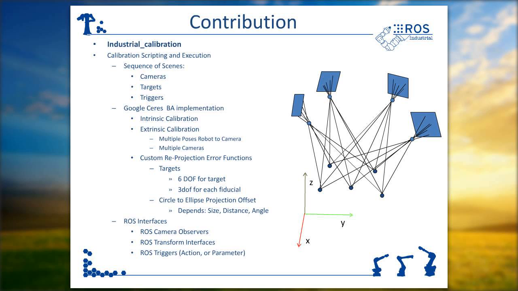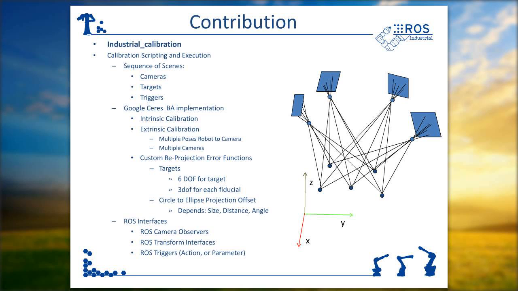Some of the key features of this package currently are custom reprojection error functions that work for the typical targets, such as a grid of circles or a checkerboard. For example, we parameterize the reprojection error of a target with 6 degrees of freedom for the target's pose and 3 degrees of freedom for each of the fiducials.